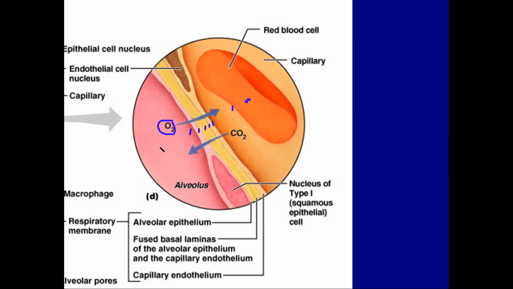You can imagine being asked a question about carbon dioxide in the blood having to pass through how many membranes in order to make its way to the external opening or external spaces within the body, right?